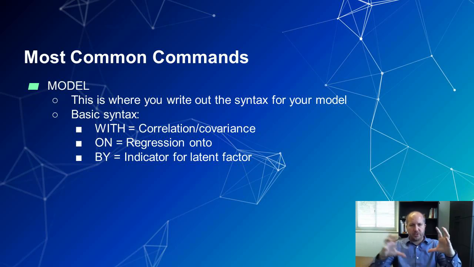So if you look at your picture, you're going to start at the right end and go backwards, because you're talking about what has been regressed onto this variable. So you're going to look at your endogenous variable over here and write out everything that has an arrow into it. This, on, and then all of those that have arrows into it. And then by is what you'd use to do a latent factor. So in the example we had above, you may say therapy alliance by goals, tasks, and bonds.